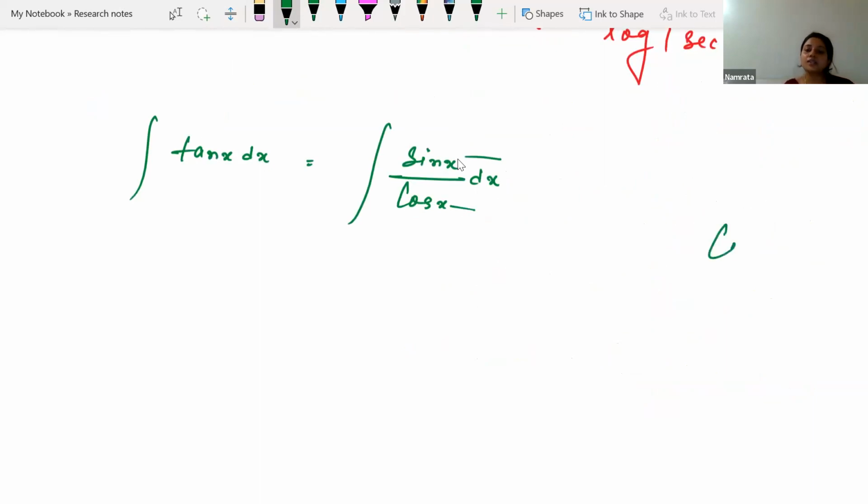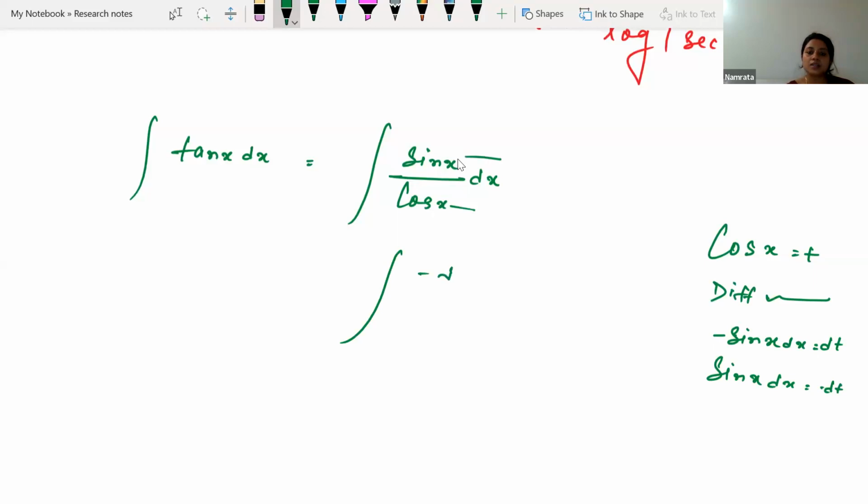So if we put cos x as t, differentiating both sides, the derivative of cos x will be minus sin x. Yes or no? So sin x dx will be minus dt. Let's write it: minus dt by t.